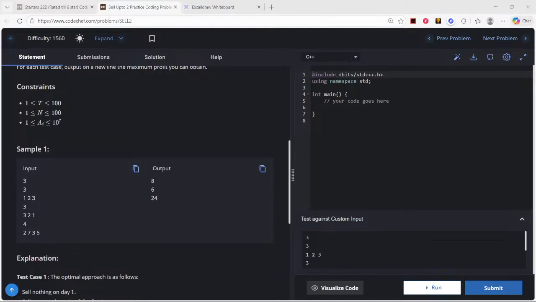So there is a formula for the time complexity of DP: the number of states times the average transitions per state. Since there are three transitions per state, the overall time complexity would be n square into 3, right?